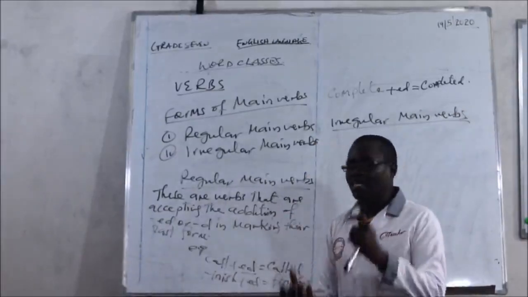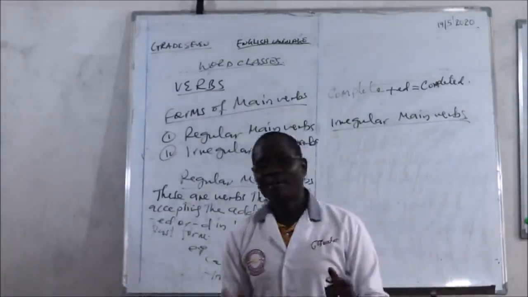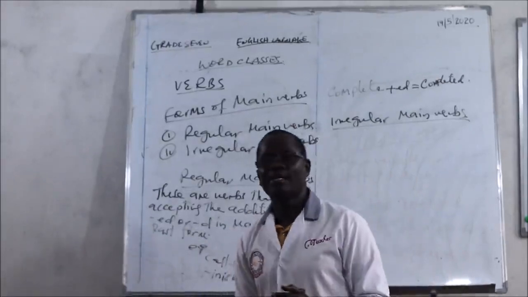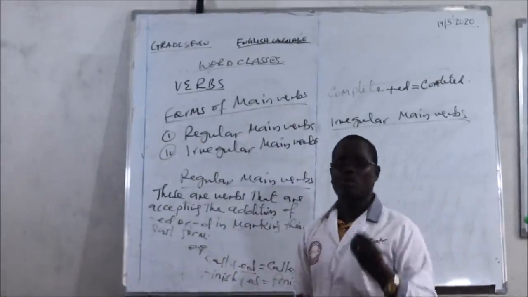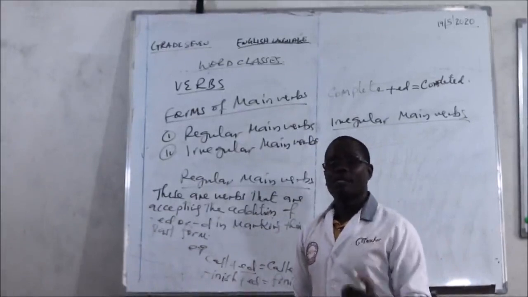Remember, we said we are determining whether a verb is regular or irregular depending on its ability to accept or to receive the universal past tense marker.